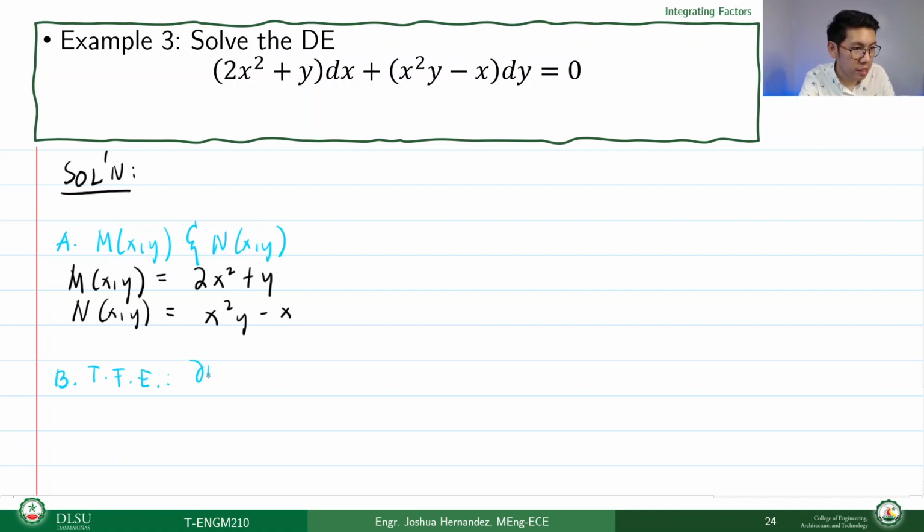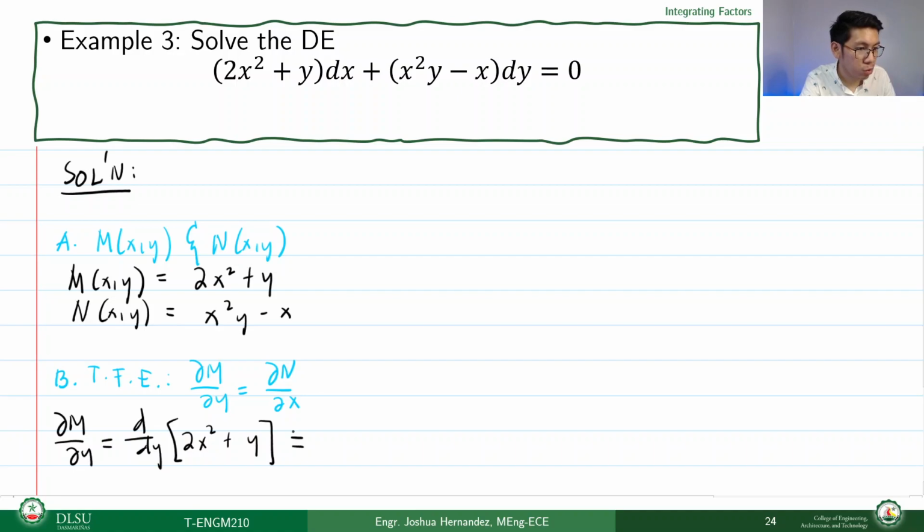And that is to satisfy partial derivative of m with respect to y equals partial derivative of n with respect to x. So taking the partial derivative of m with respect to y, this will give us the derivative with respect to y of 2x squared plus y. This is actually equivalent to 0 plus 1. Okay.